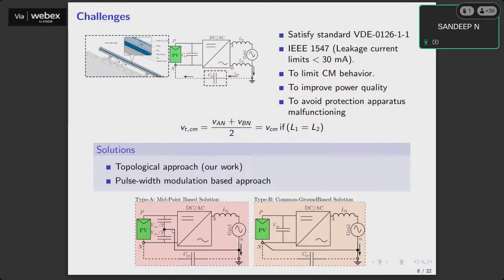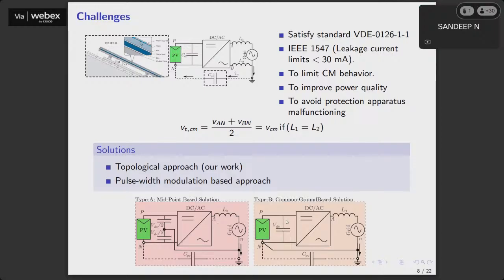The moment you use the split or the neutral point as a return path, that becomes equal to 50. That is the maximum. So even though you have a 100 volts DC bus, the peak that you can generate in the AC is only 50. So the DC bus utilization goes to 50%.